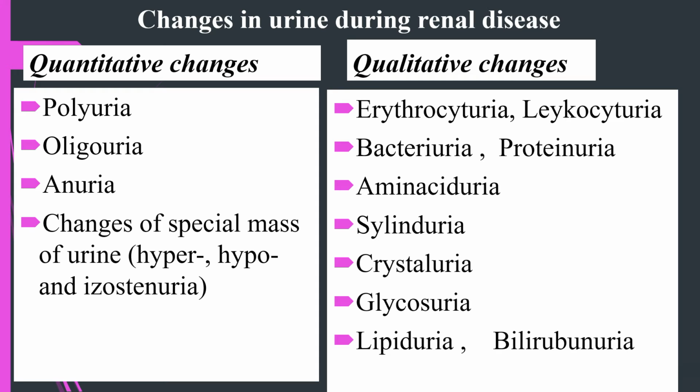Changes in the urine during renal diseases may be quantitative and qualitative. In the quantitative change, polyuria, oliguria, anuria, and change of specific gravity of urine form hypo- and isostenuria. In the qualitative change, for example, erythrocyturia, leukocyturia, and bacteria, protein, cylinders, lipid, and bilirubin increase in urine.